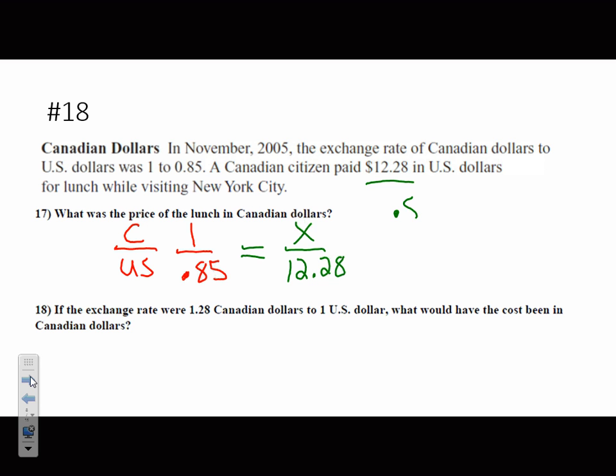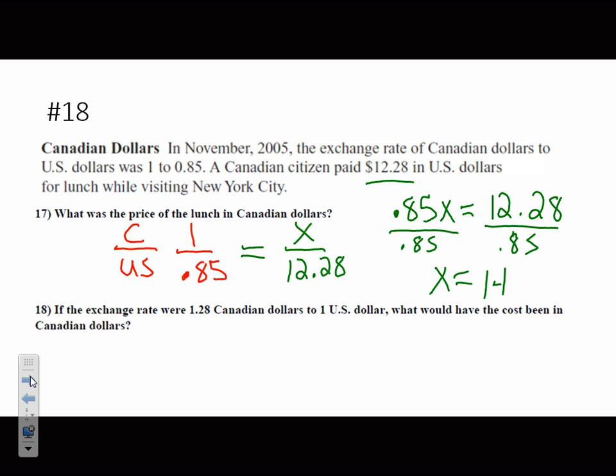We're going to get 0.85x equals 12.28. Divide both sides by 0.85. X is going to equal 14.45. So in Canadian dollars, he spent $14.45.